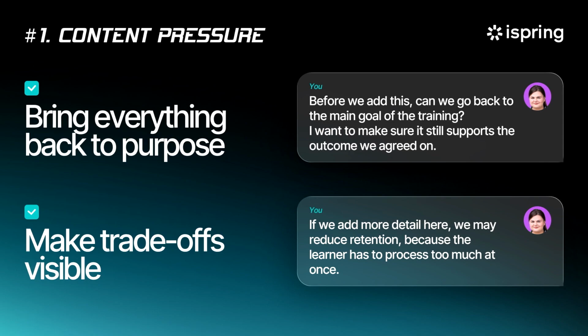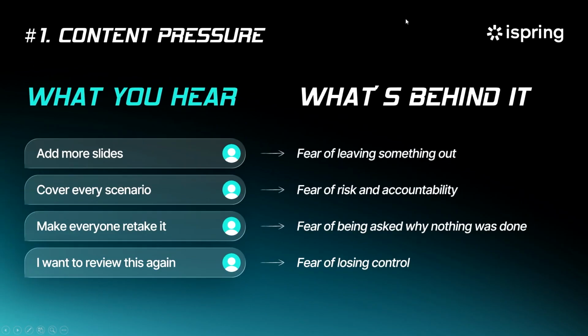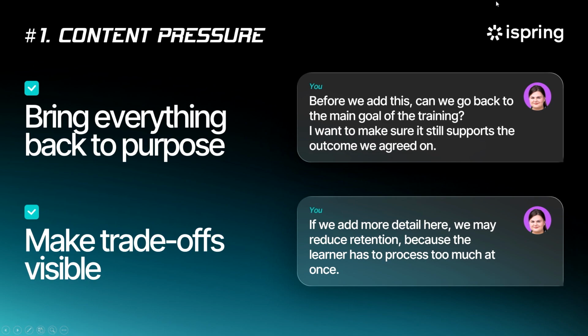We need to have everything aligned with the goal of the course, right? So it will not go any other way, and we will still have it as one. So, zooming out and reconnecting all the stakeholders with one goal. And of course, make the trade-offs visible.